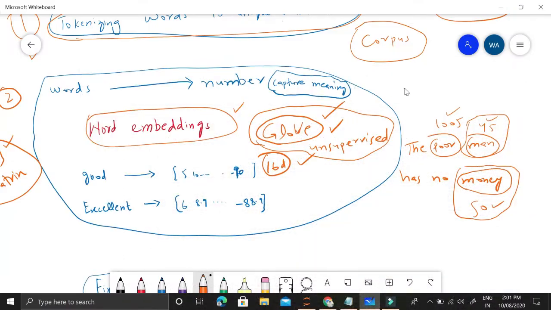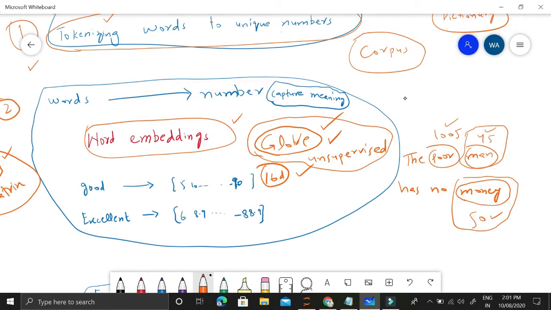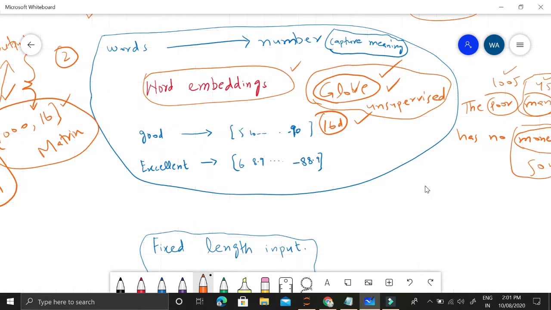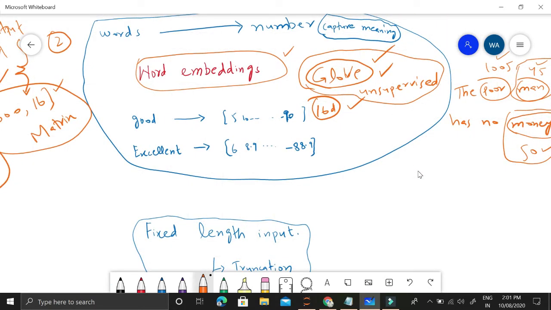It has been learned using different statistical rules, which are explained in the GloVe algorithm, and I'm expecting that you know about it, and you must search about it in detail. However, the main idea is that we need to capture the meaning of words in such a way that we have vectors of numbers, and these vectors should be similar for similar kinds of words.